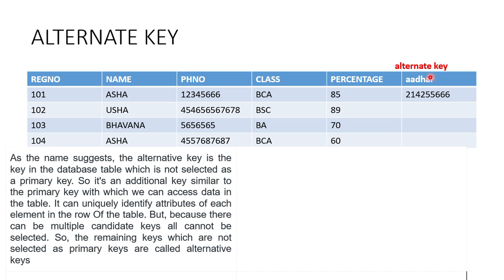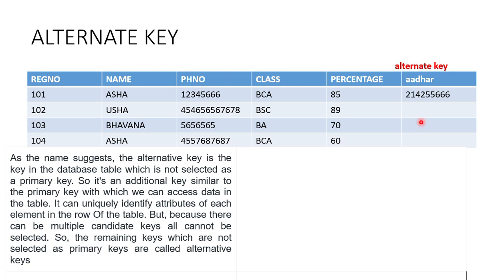Suppose I have given a primary key here. Again I can't define one more primary key in this table, because in a table there should be no two primary keys, there should be only one primary key. In such a situation, in order to make two columns work like a primary key, one we can define as primary key and another one we can define as alternate key.